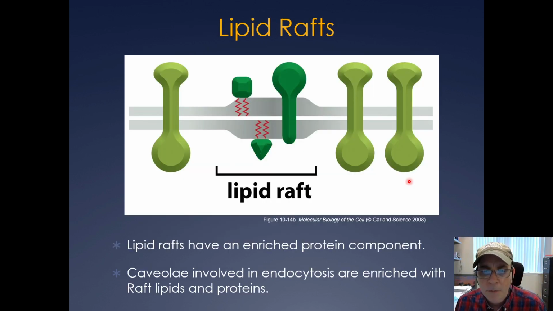Lipid rafts are basically subdomains within a lipid bilayer that tend to have fully saturated phospholipids, and then they pull in specific proteins. So what you end up having on your plasma membrane are these domains where you have lipid rafts and then the remainder of the lipid bilayer.